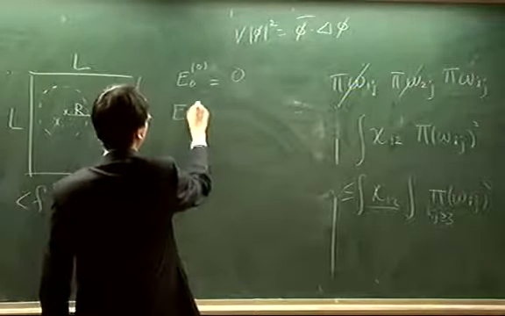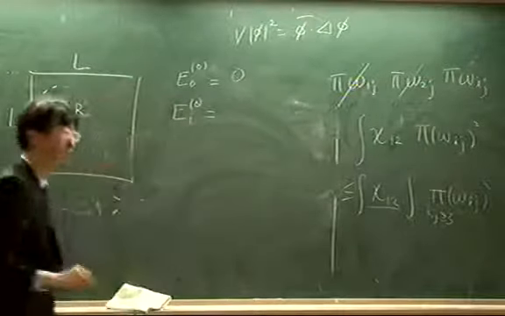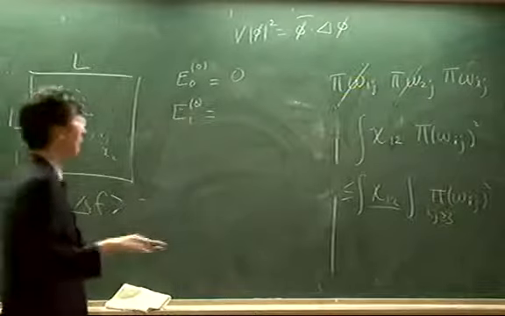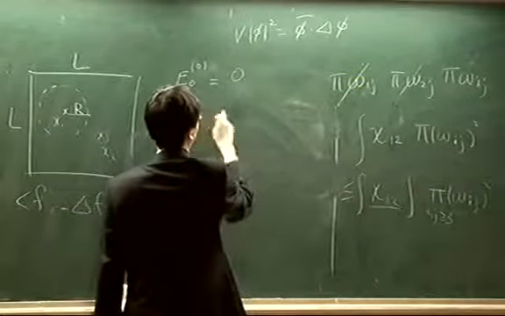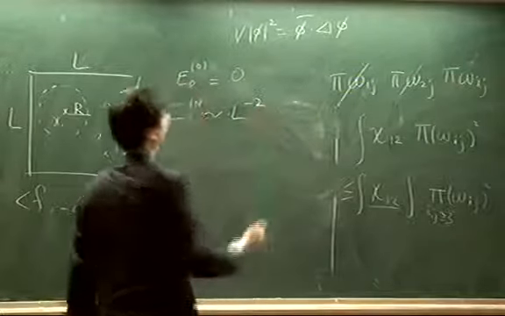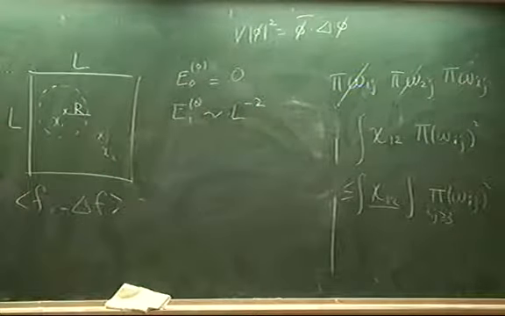The first lowest eigenvalue, or the first excited state, has the energy one over L squared.